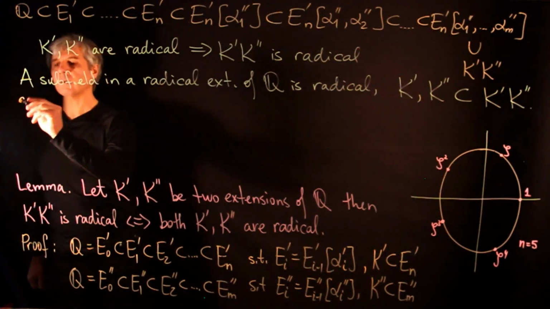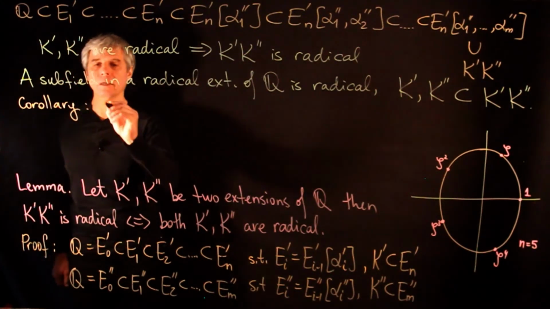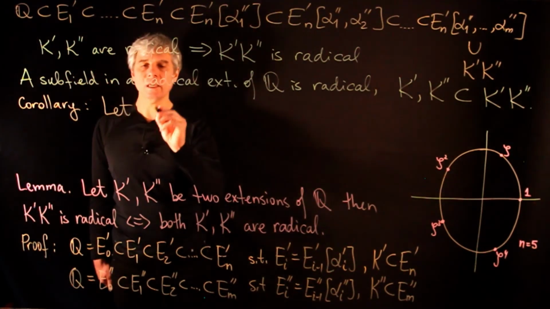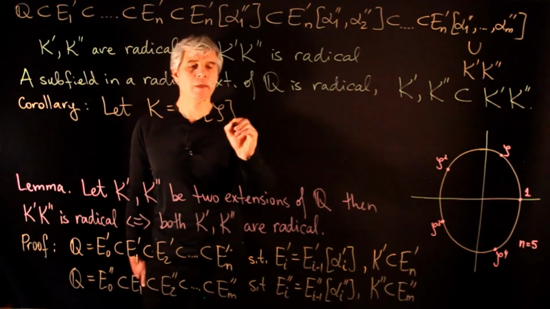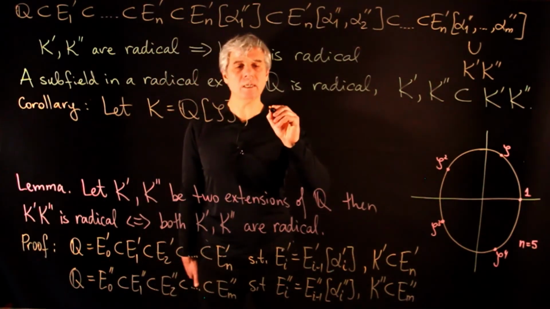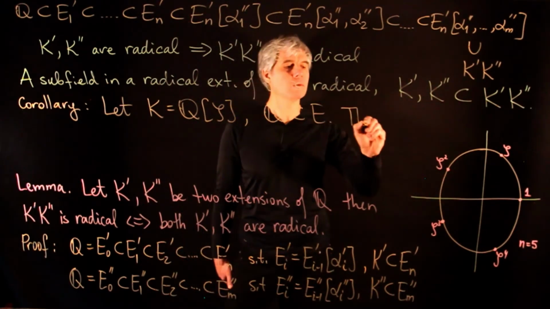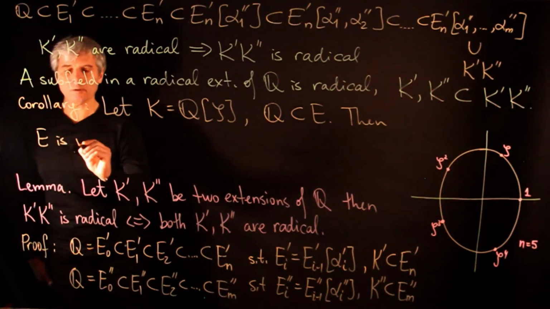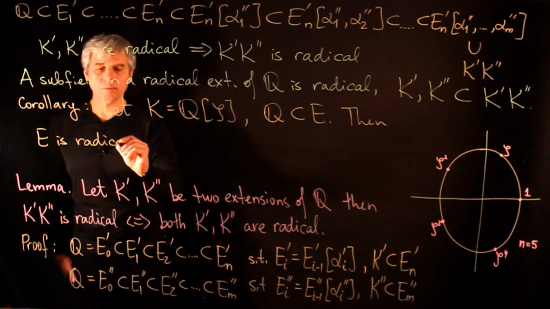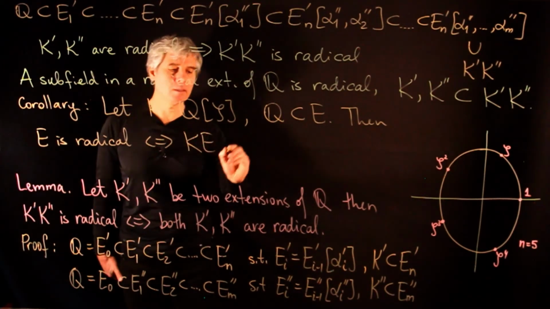As a corollary, we get the following claim: let K be a cyclotomic field and E an extension of Q. Then E is radical if and only if K times E is radical.